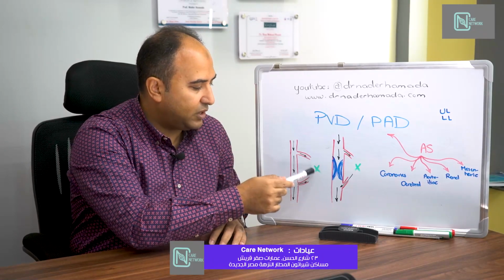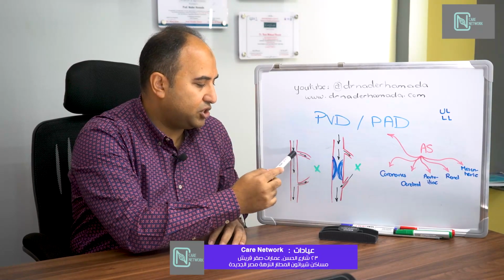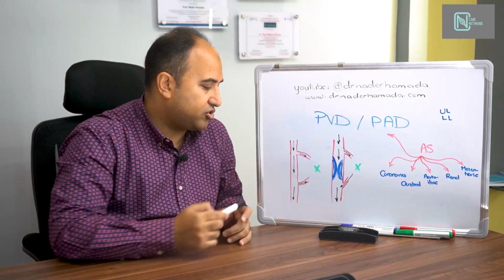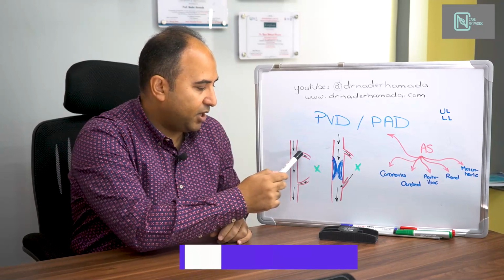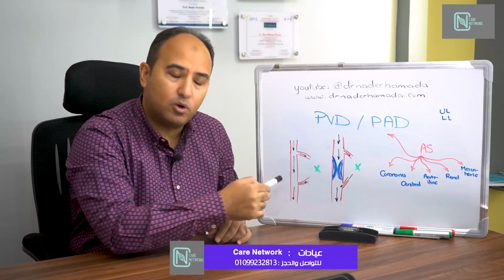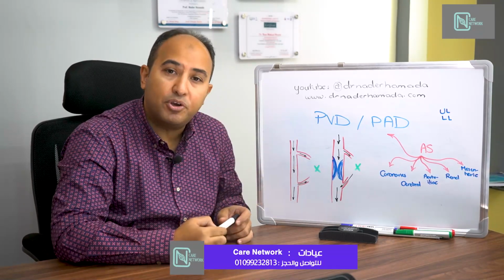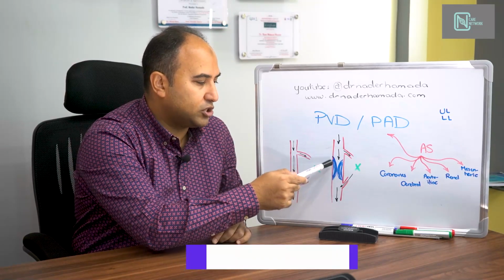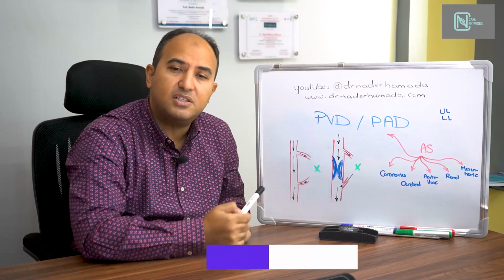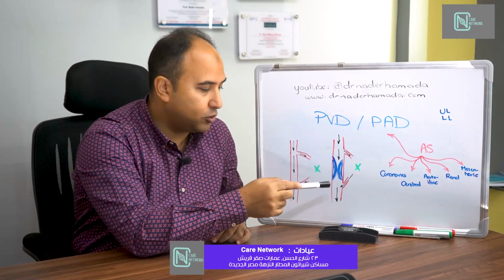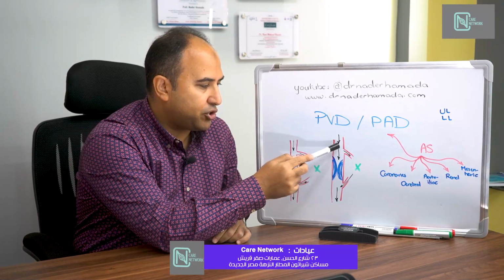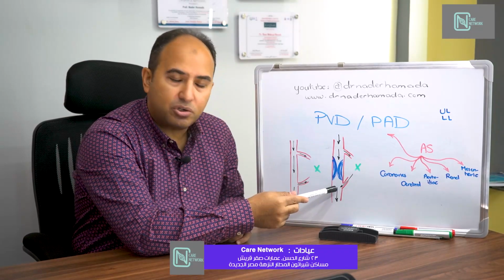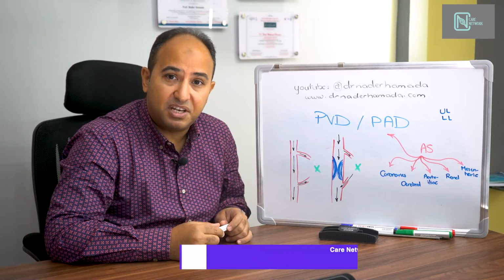So the patient will have this X area which is getting double blood supply from two arteries from the arterial tree, and the blood will flow in this direction and that direction because the pressure here is higher than at point X. If the patient gets an atherosclerotic process that causes plaque formation, with significant stenosis or occlusion of the artery here, the pressure proximally will not be affected, but obviously the pressure distally will drop significantly.